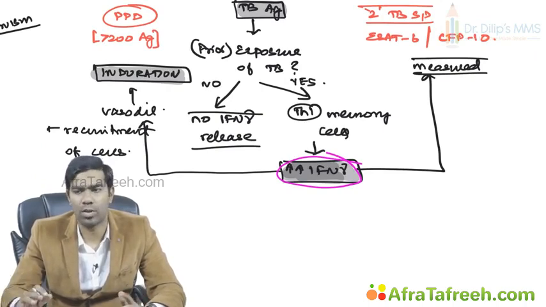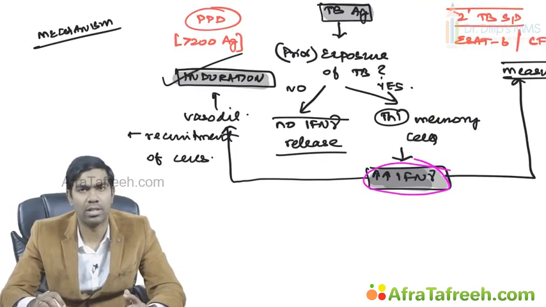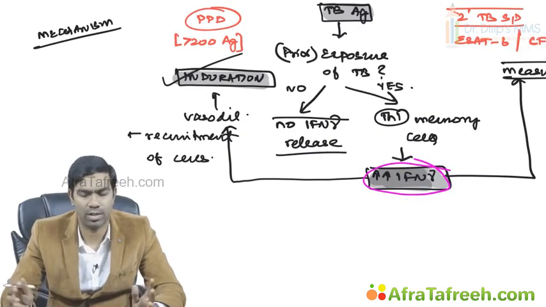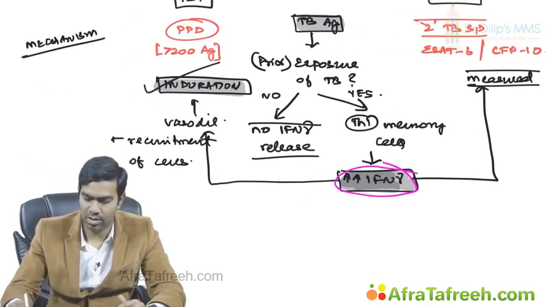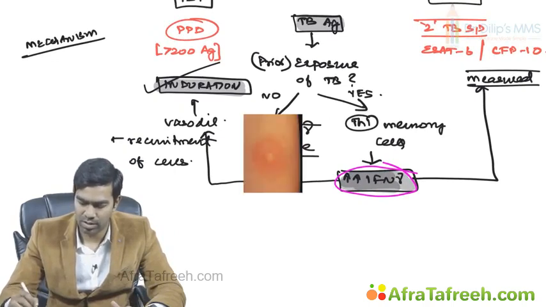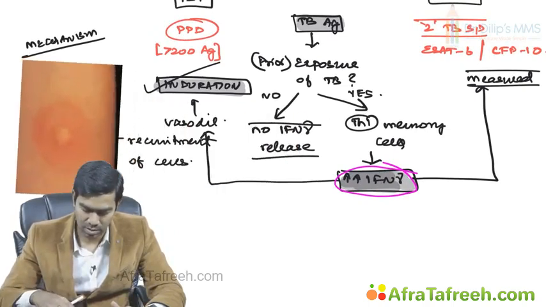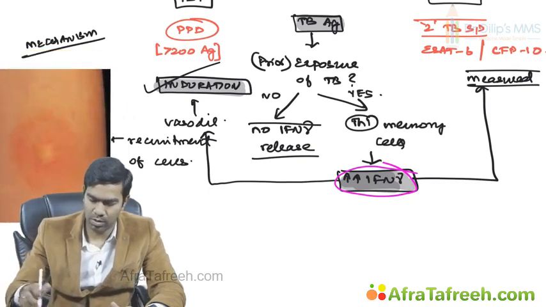In your IGRA, you are finding out the actual interferon gamma levels. But whereas in tuberculin sensitivity test, the Mantoux test, you are measuring the induration. That's it. It's very important to measure the induration and not the erythema. Remember, usually this is tested after 48 to 72 hours, typically, because all this process will take approximately that time to get the induration and to measure the induration.